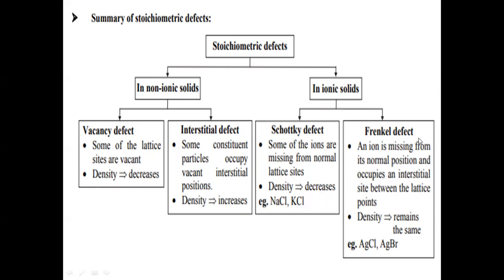And in Frenkel defect, generally a smaller cation leaves its original position and occupies the interstitial position. So the density remains the same in Frenkel defect. Example, AgCl, ZnS, AgBr. And one thing you have to remember, the compound that exhibits both the Schottky as well as Frenkel defect is AgBr, silver bromide.